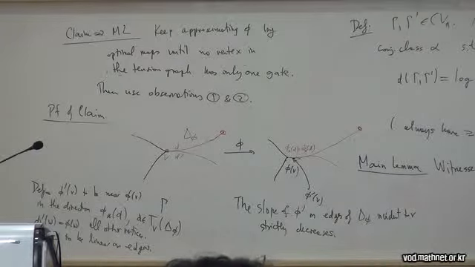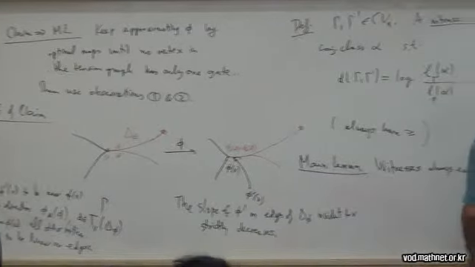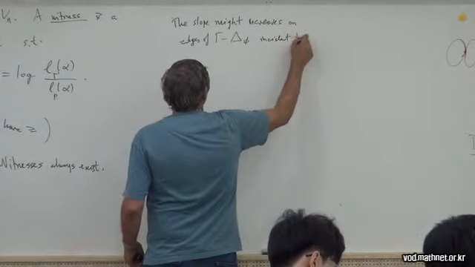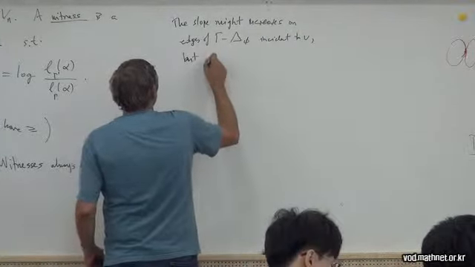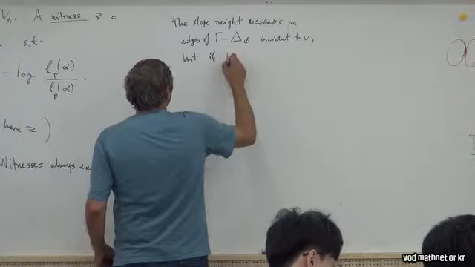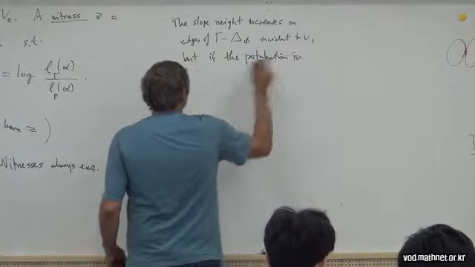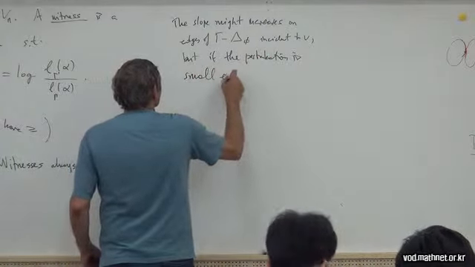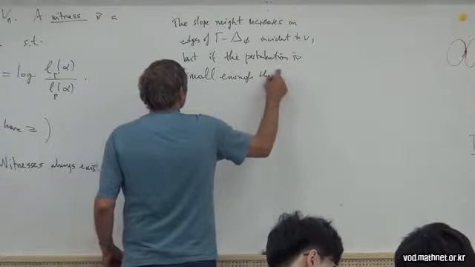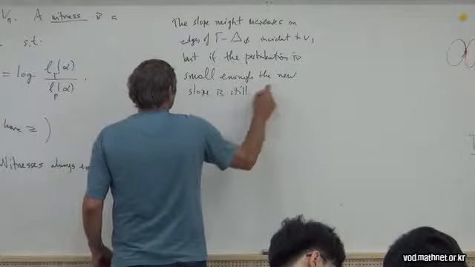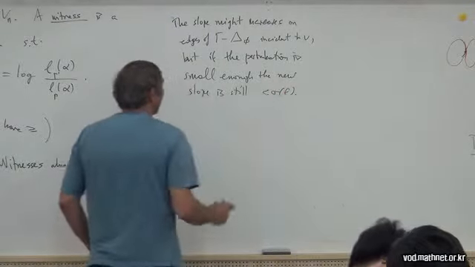So the slope might increase on edges of gamma minus delta phi incident to v, but if the perturbation is small enough, the new slope is still less than sigma of phi.